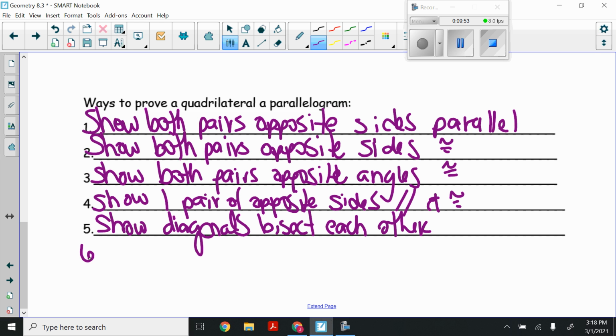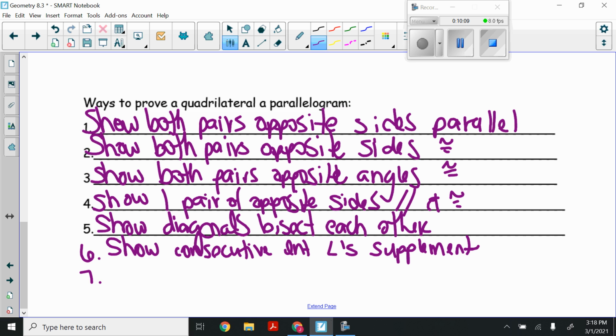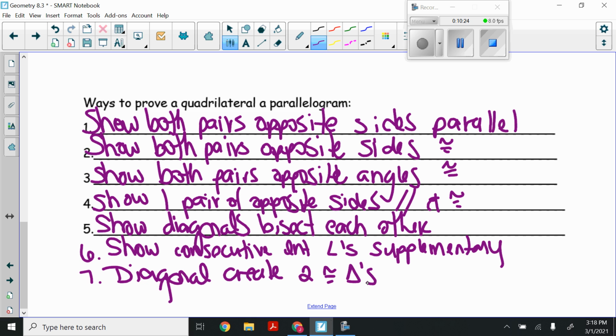And actually, I need 2 more here. If I can show that my consecutive interior angles are supplementary, then I can say it's a parallelogram. And finally, if I can show that my diagonals create two congruent triangles, I can show that it is a parallelogram.